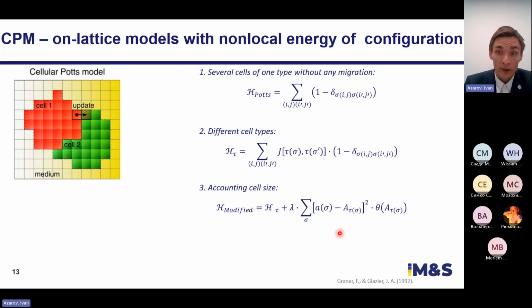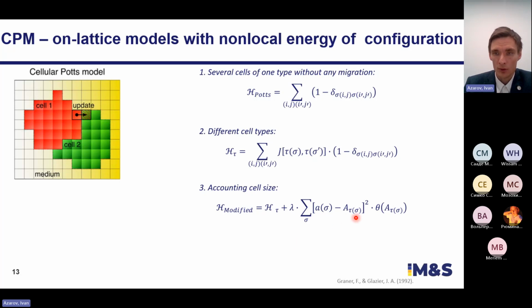And using this form, we can govern the cell area. Or cell perimeter, which is very important to avoid cell fragmentation, for example, and we can make different energy terms more or less important using a special Lagrange multiplier, making it larger or less.